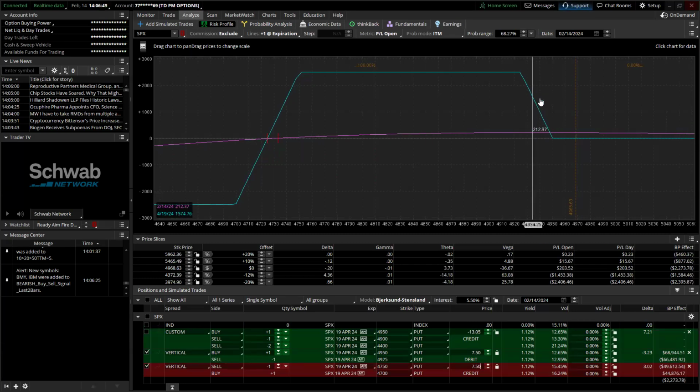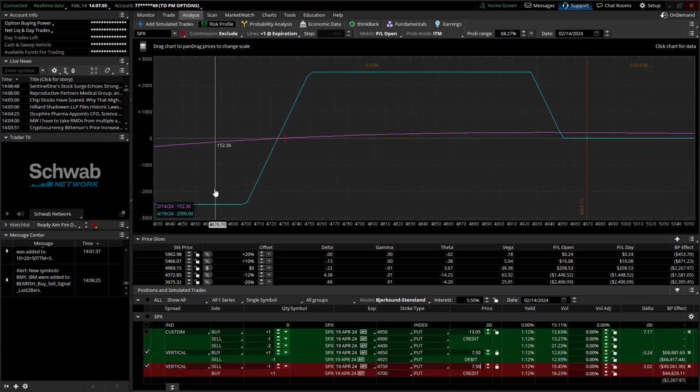So plus 2,500 minus 5,000, that's minus 2,500. And then we didn't pay anything, nor did we collect anything, so we have nothing else to add to the difference of these two spreads. So our potential risk to the downside is $2,500. That's never going to be the case unless you're going to leg into the trade.